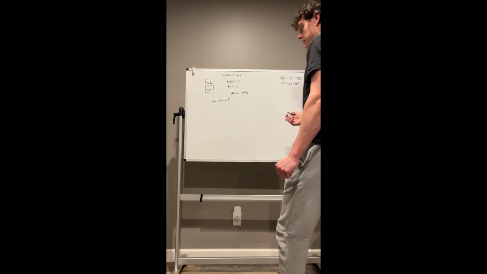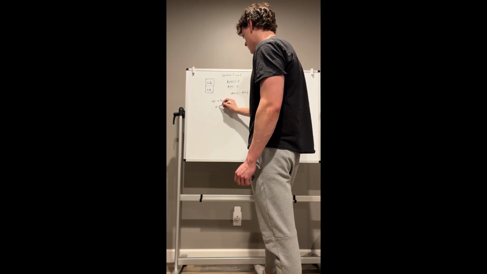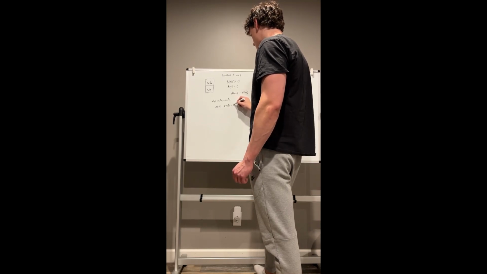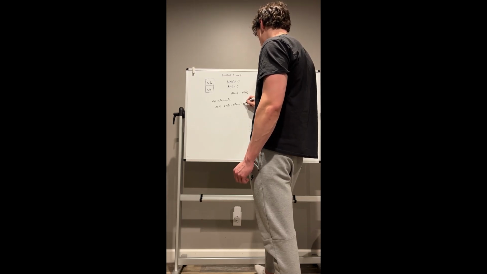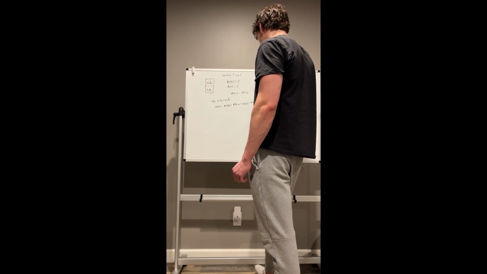If we take the differential of this, we get dNg is equal to dNv times Gv plus dGv times Nv plus dNl times Gl plus dGl times Nl.